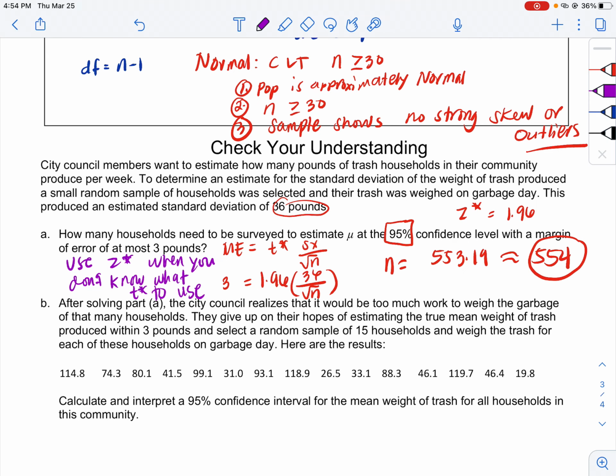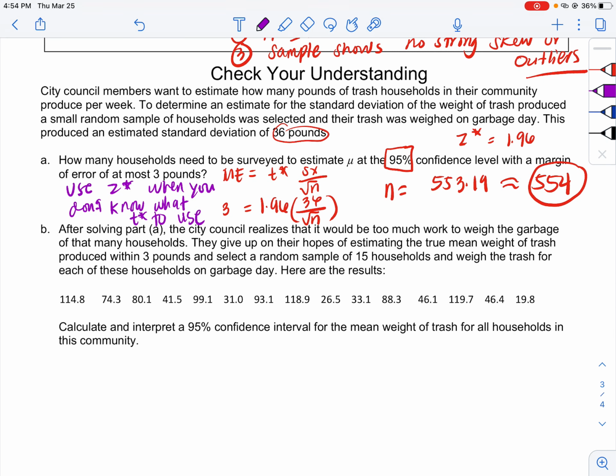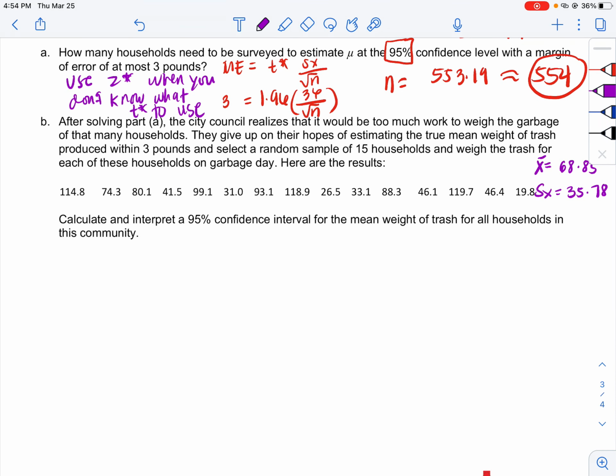Before we watch this video, I've already put everything in the calculator, and I got my x bar equals 68.85, and I have my Sx as 35.78. Again, I got that from plugging in all the numbers in the calculator and going to one variable statistics. Calculate and interpret a 95% confidence interval, starting with stating the problem.